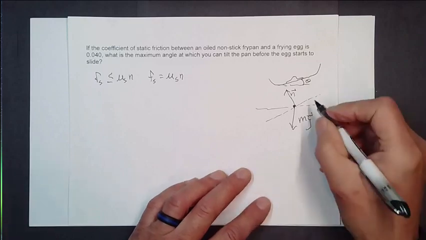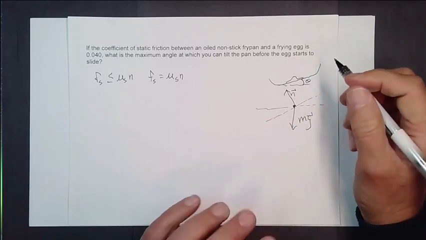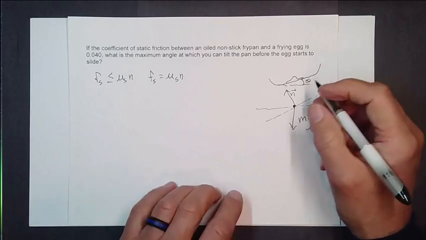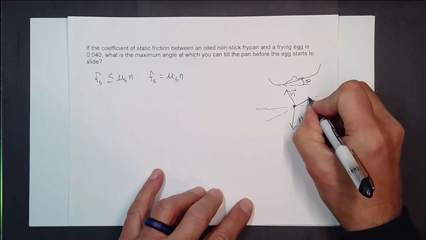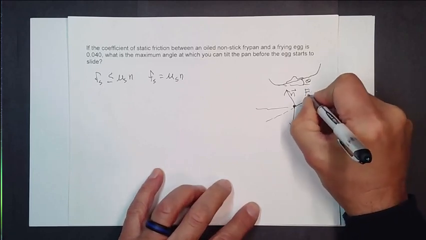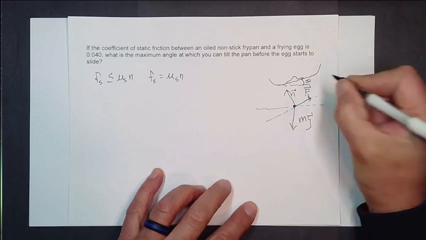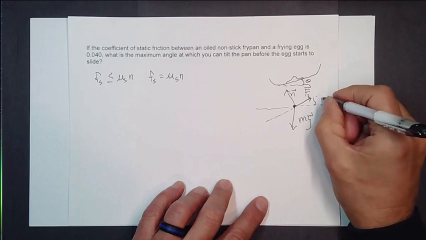And then the egg will tend to slide down the pan, and friction is in a direction opposing the sliding that would occur. So that's the direction of the frictional force, and I'll just put a subscript s on it for a static frictional force. And this is the angle theta.